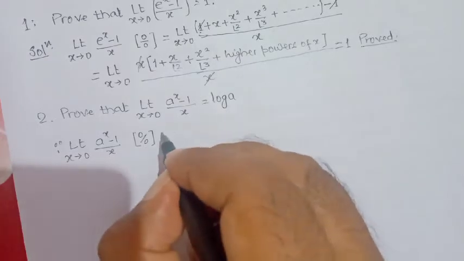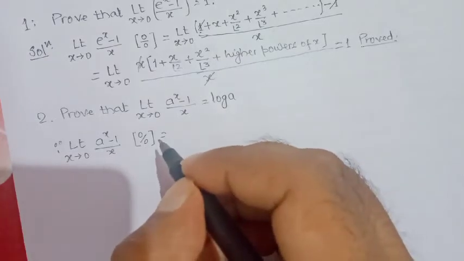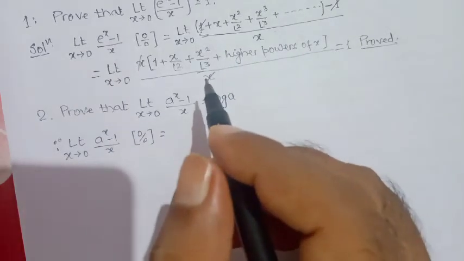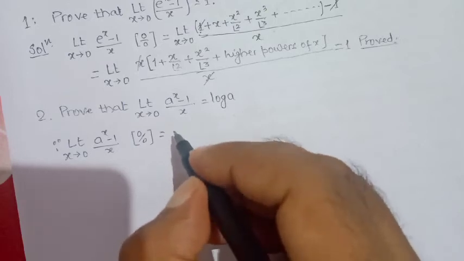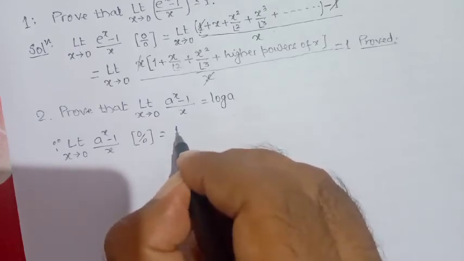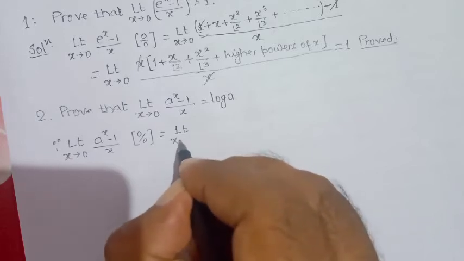Write down the expansion of a to the power x. I have just written it in the third sheet. So first write limit as x tends to 0.